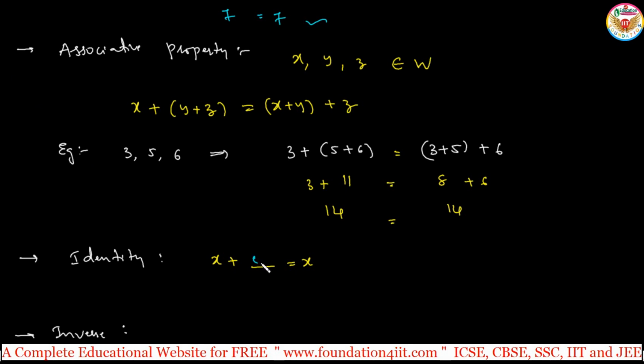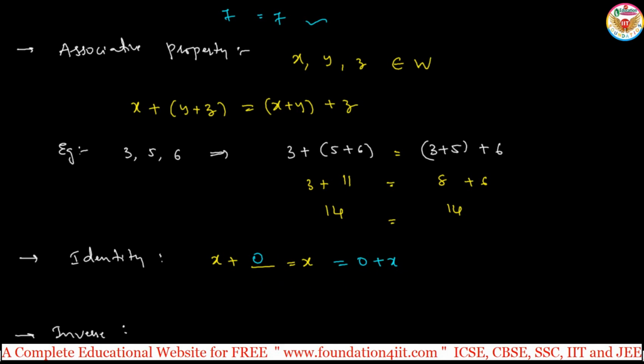Obviously, we know there is 0. In other words, adding 0 to any whole number gives the number itself. So here the whole number is 0, for which x plus 0 is equal to x, and in the same way 0 plus x is also x. So the additive identity, the element for addition, is 0.